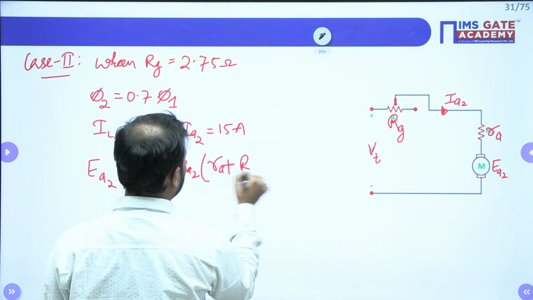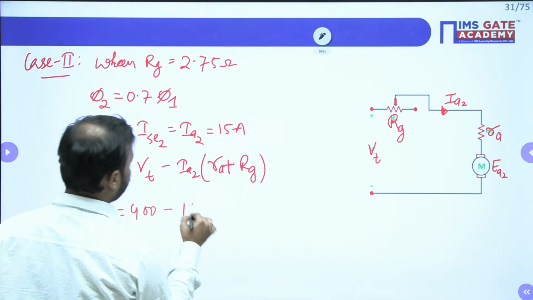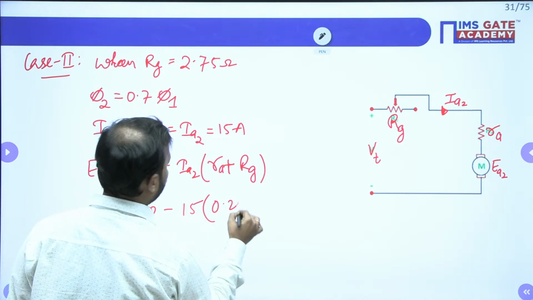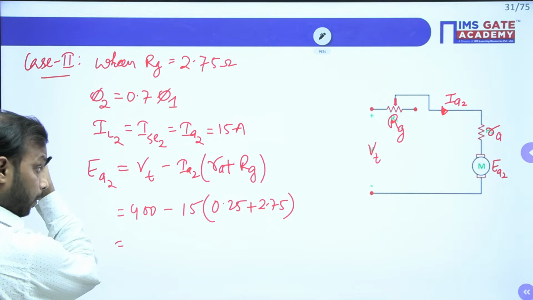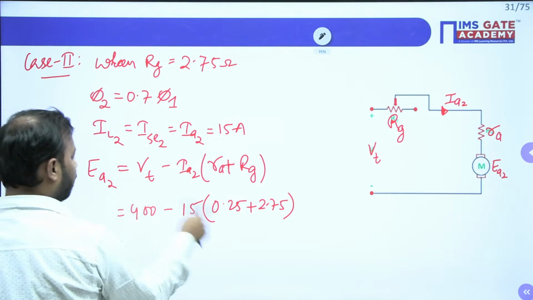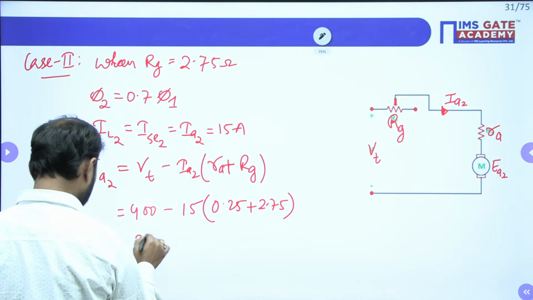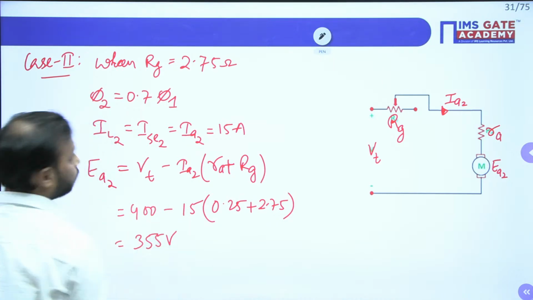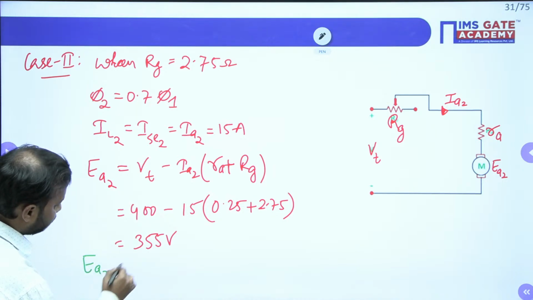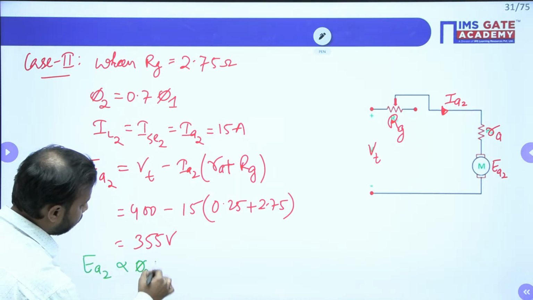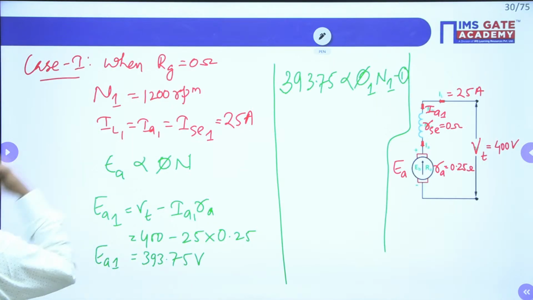VT is 400, IA2 is 15, RA is 0.25, RG is 2.75. So this is 400 minus 45, which is 355 volt. And again, EA2 is proportional to phi 2 N2. N1 is given in the question.